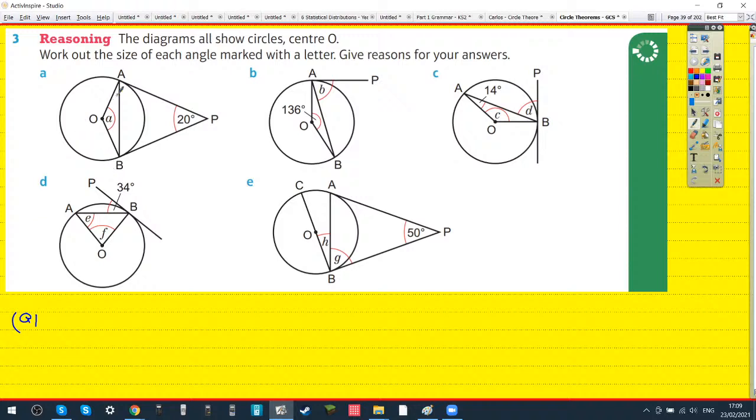So what is the angle between OA and AP? That's a right angle. How about OB and BP? So a right angle. So that's another right angle. And so what shape are these two in?